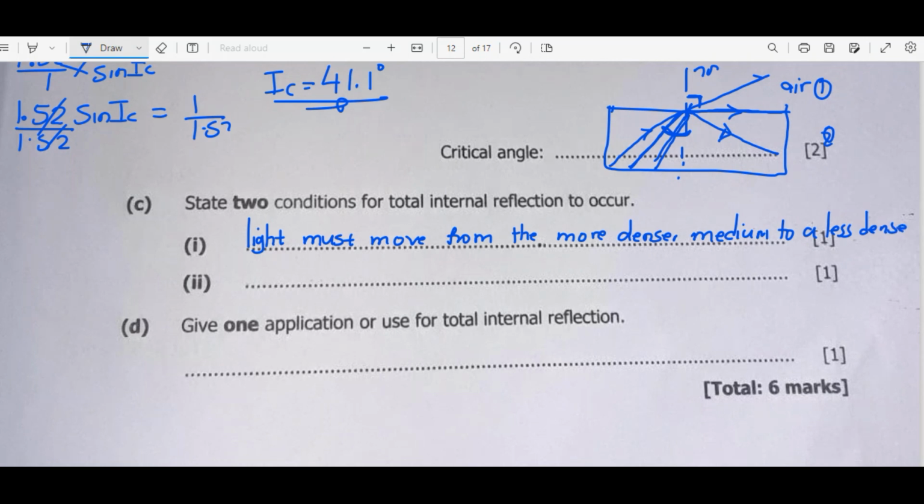So that is what we can give as our first condition. Then the second condition, for us to achieve total internal reflection, the angle of incidence must always be greater than the critical angle.